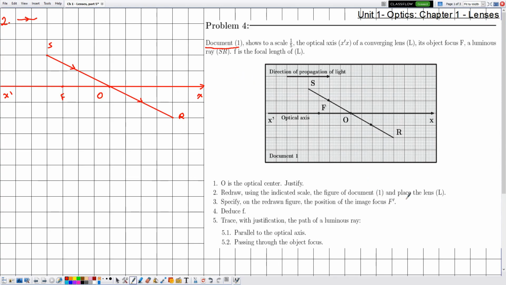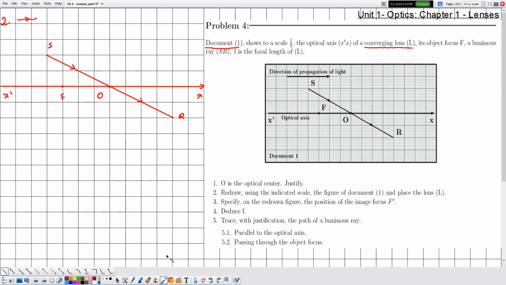Now in the same part they are telling me to place the lens L, and we know that the lens here that we are using is a converging lens. Then we place the lens L perpendicular to the optical axis at the point O, which is the optical center, using the correct symbol of a converging lens.